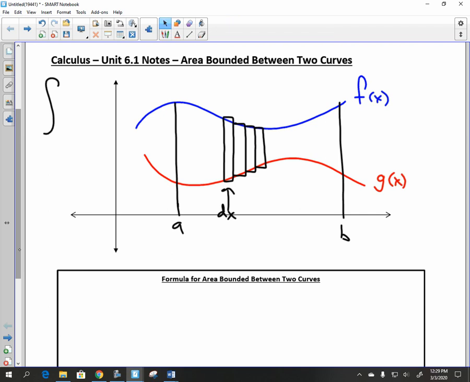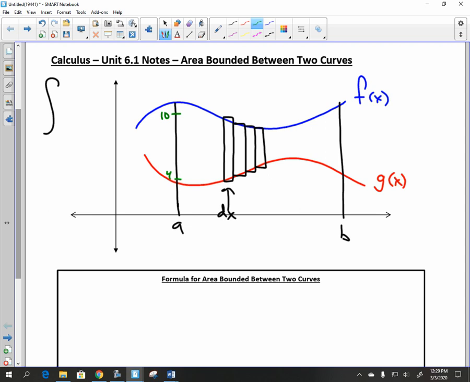Suppose that f of x had a height of, we'll say 10 right there. And suppose g of x had a height of, we'll say 4 right there. Can anybody tell me what would be the height of the first rectangle? 6. You took the height at f of x and you subtracted the height at g of x, correct?